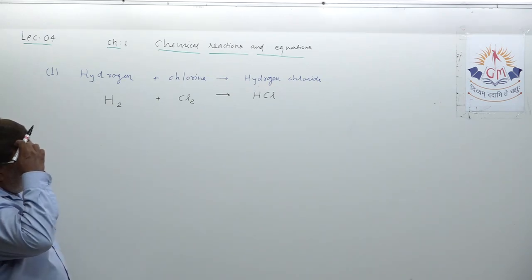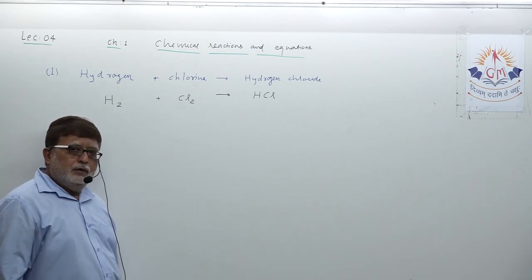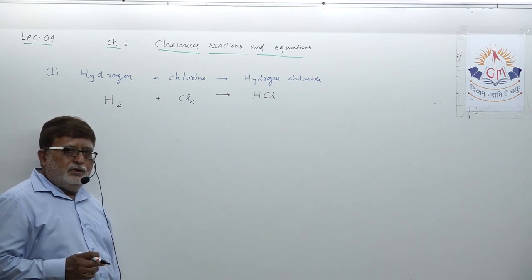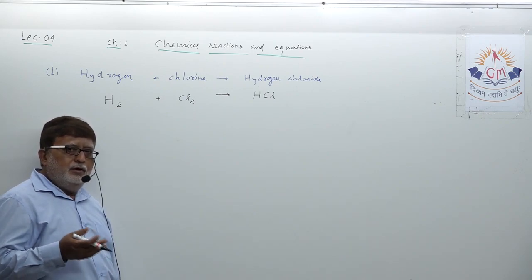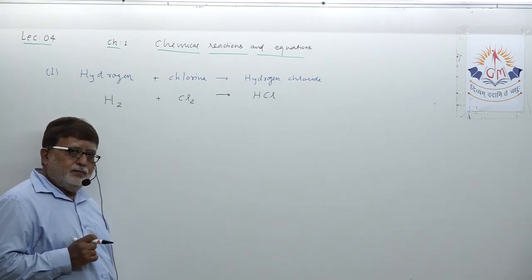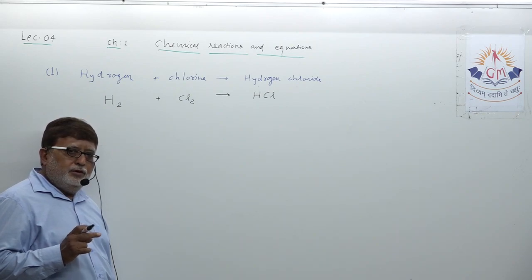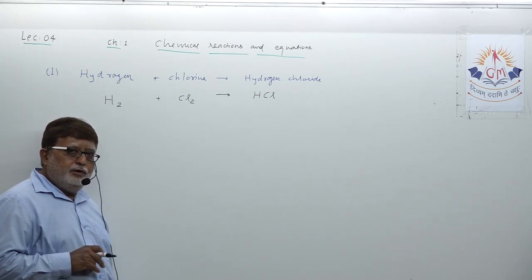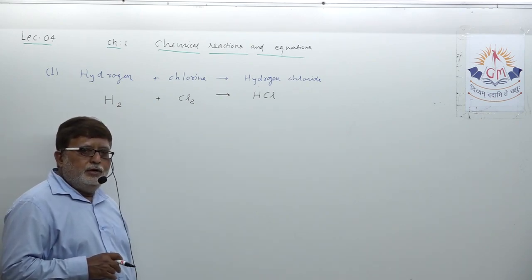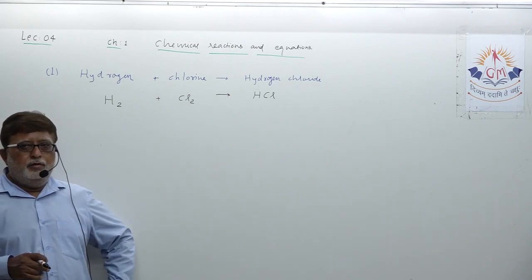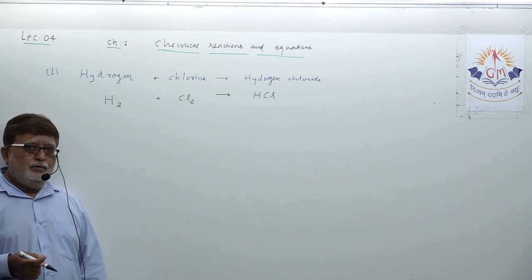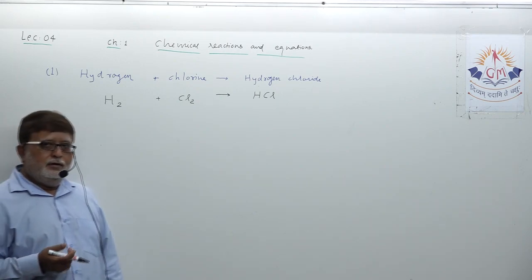If you, dear student, want to adopt the hit and trial method here, you do not have to write all 8 steps or whatever the requirement of the steps. But you just have to remember the basics of the hit and trial method. What is that? Select the compound having the maximum number of atoms. Here hydrogen 2 atoms, chlorine 2 atoms, hydrogen chloride again 2 atoms.